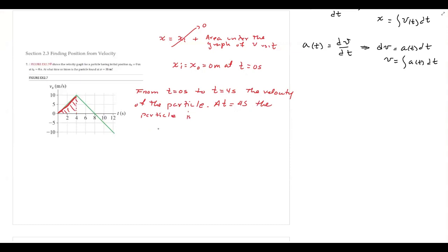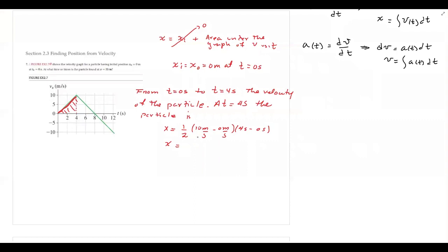So that area here is a triangle, so it's 1/2 times 10 meters per second minus 0 meters per second, this is the variation in velocity, times the base of the triangle, which will be 4 seconds minus 0 seconds.